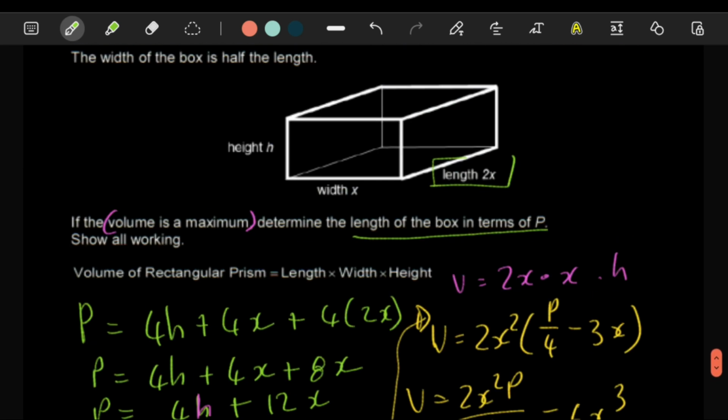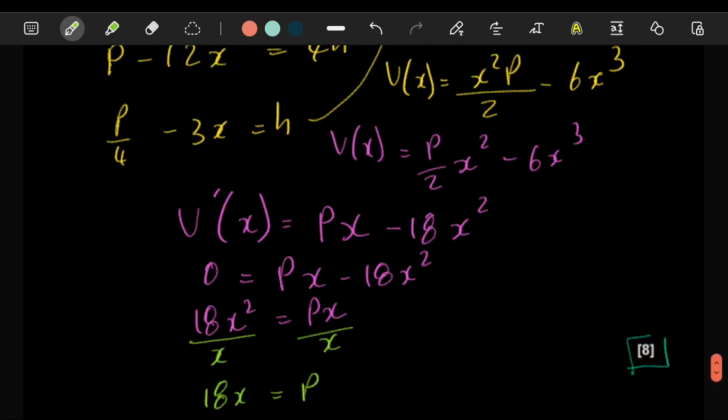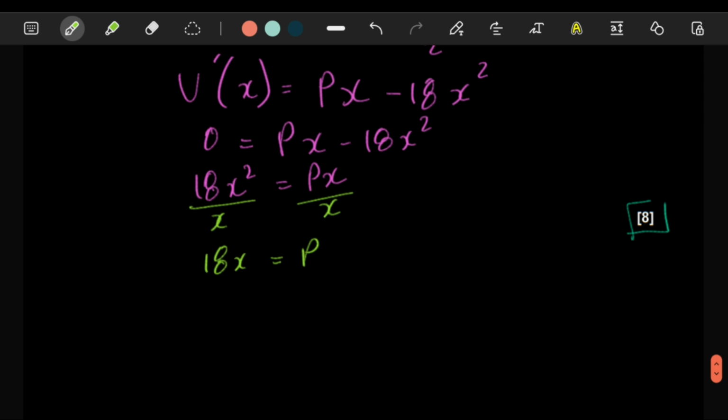Remember, they said if the volume is a maximum, determine the length of the box in terms of p. So for us to get the length of the box in terms of p, we have to get a value for x. So x is going to be equal to p over 18.